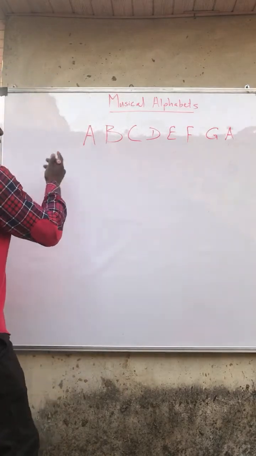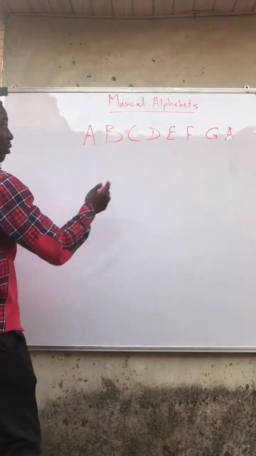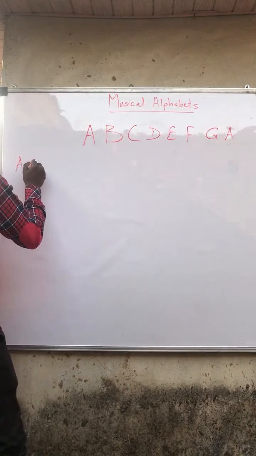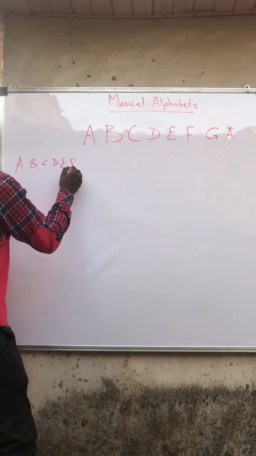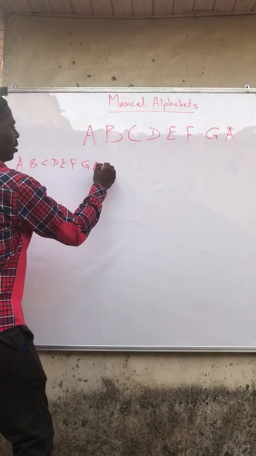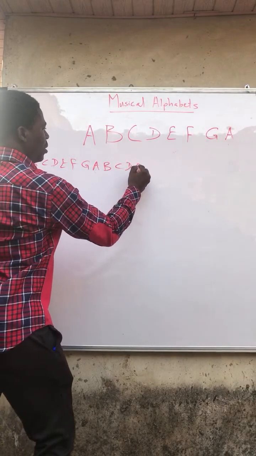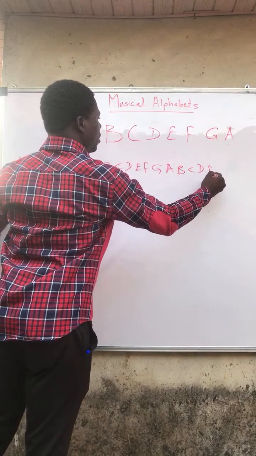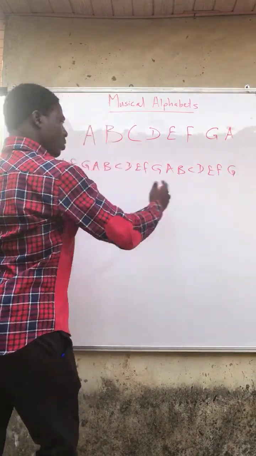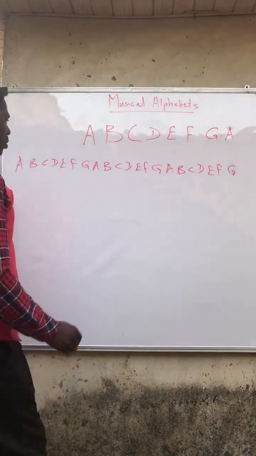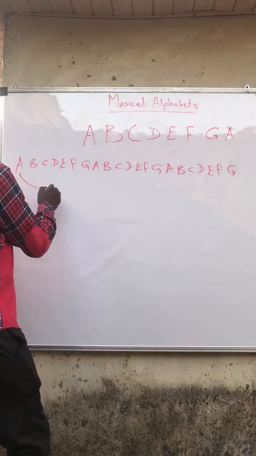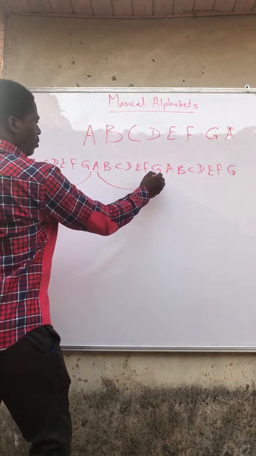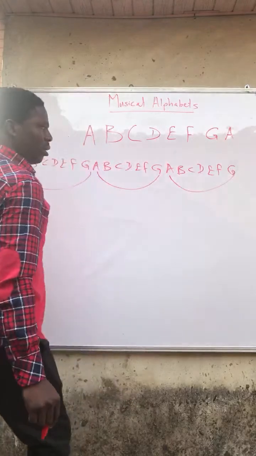So you can write from here to that side: A, B, C, D, E, F, G, A, B, C, D, E, F, G, A, B, C, D, E, F, G. Something like this. Here I think I have three octaves: one, two, and three. You understand?